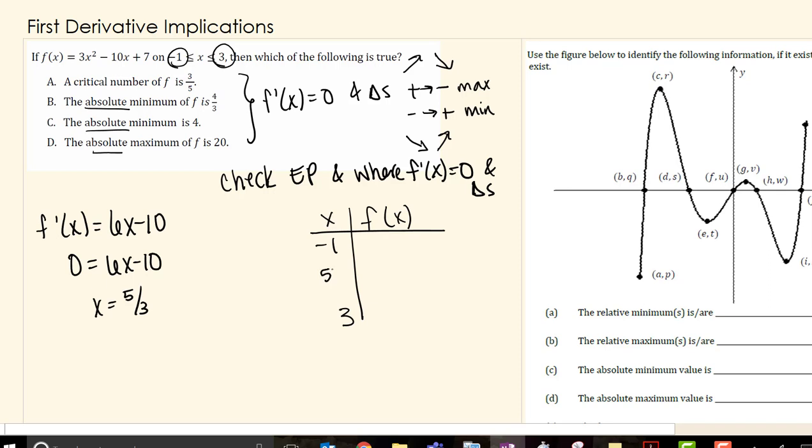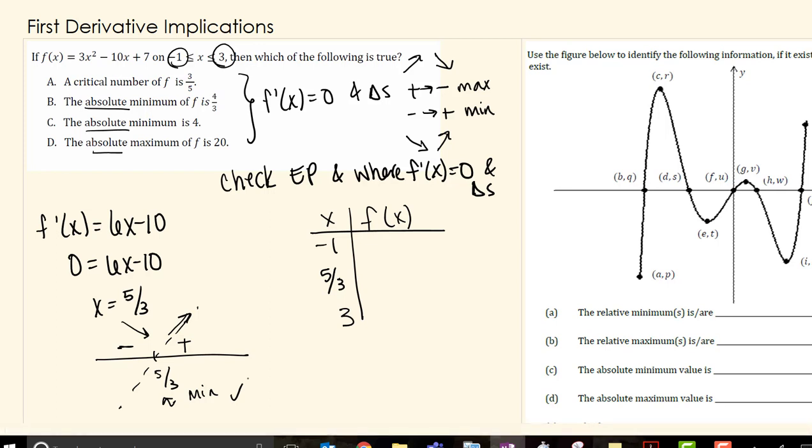I know that we're actually going to be crossing the axis at 5/3 because if I think about this equation, it is linear, it has a y-intercept of -10 and a positive slope. So we are going from negative to positive. So this indeed is a minimum. I just don't know if it's going to be an absolute minimum, or if it's lower at one of the endpoints.